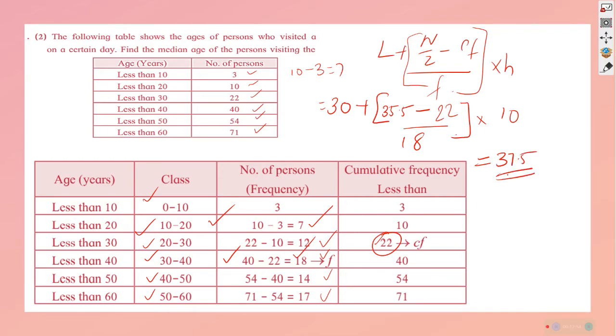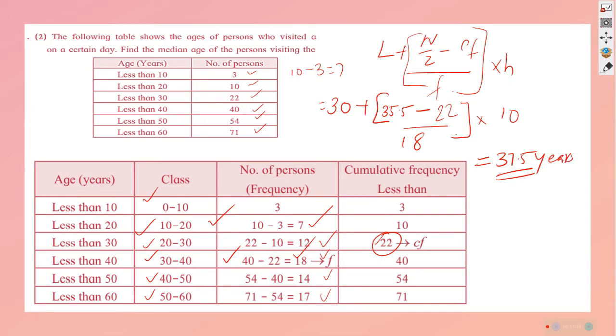I can do it simply on the computer, but you will be solving it: subtracting, dividing by 18, adding to 30, then multiplying by 10, and you will get the answer. The median age of the persons visiting the museum became 37.5 years.